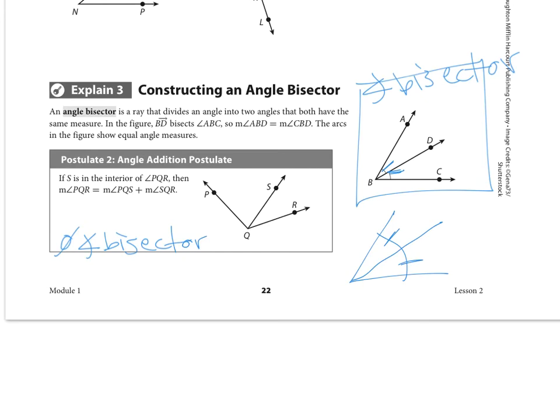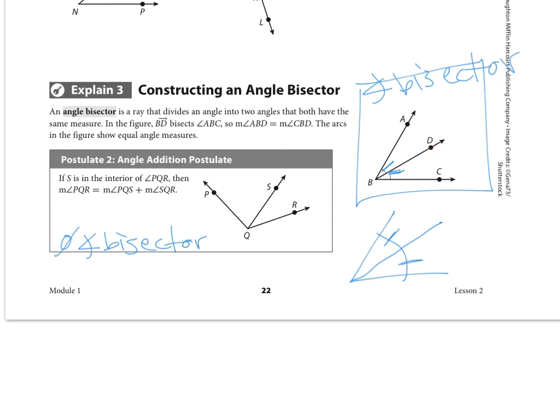But what we would say here, as you're looking at the reading, is that the little m in front is the measure of angle ABD. So ABD, the top half of that angle, is the same as the measure of the bottom angle, which is CBD, okay?